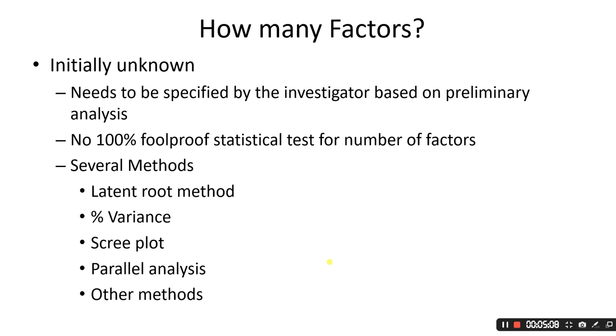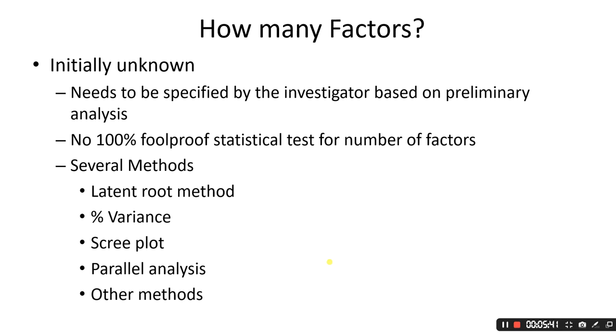The method that was widely used initially was the latent root method. This is also called the eigenvalue greater than or equal to 1 method. This method suggests that we retain as many factors as have an eigenvalue of 1 or higher.